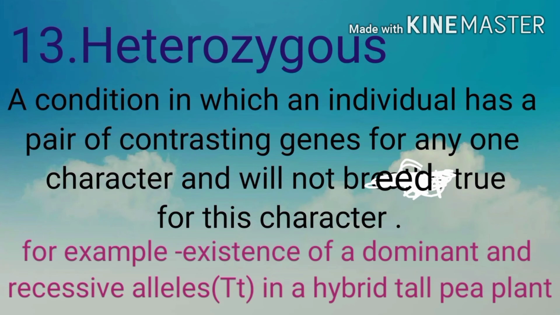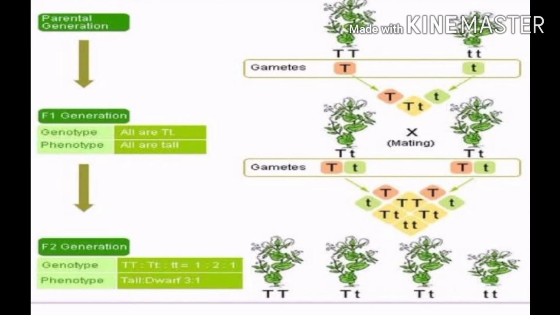Let us see in this figure. Here you can notice in F1 and in F2 generation two different alleles of a gene, capital T, small t. This is a heterozygous condition.